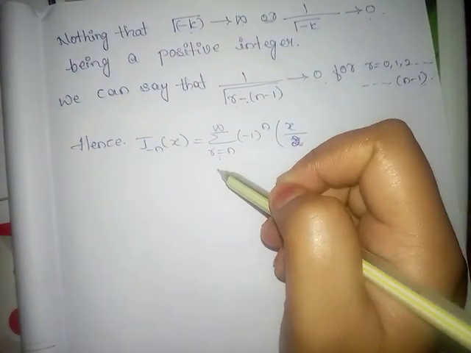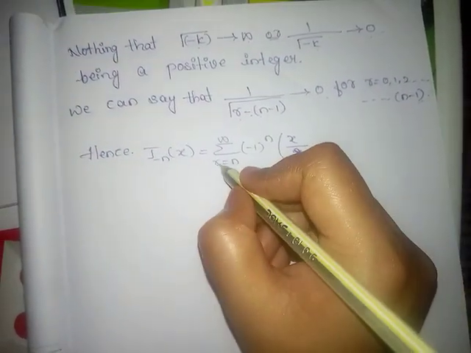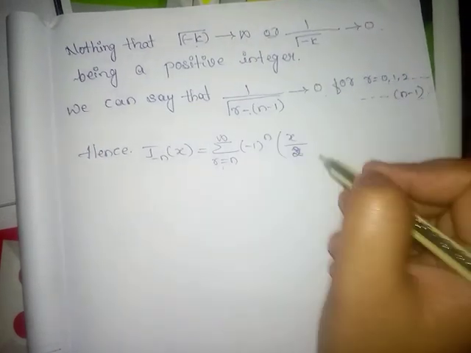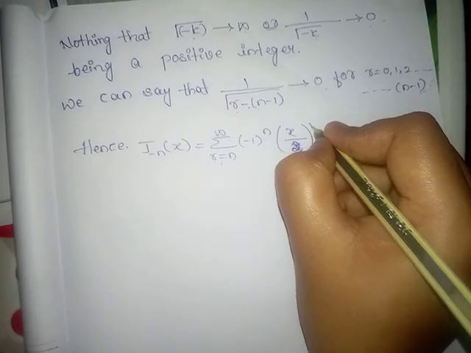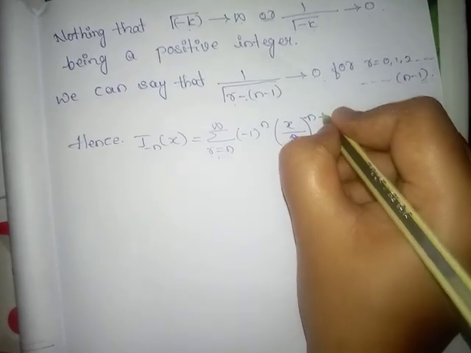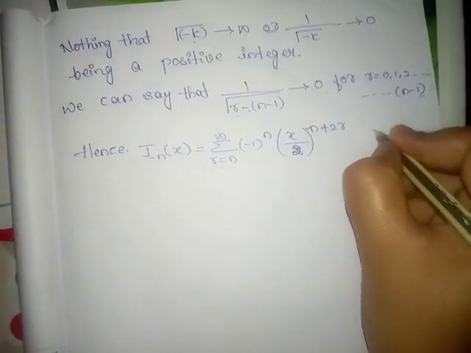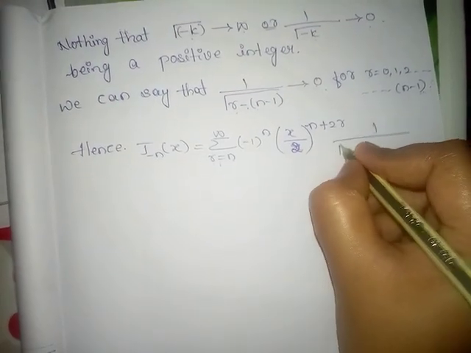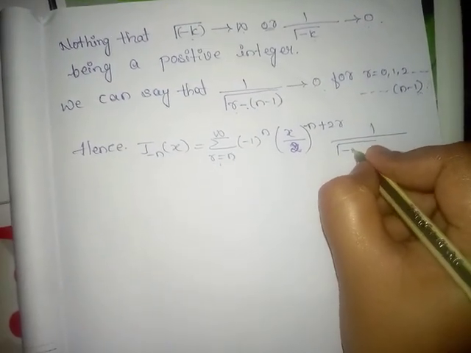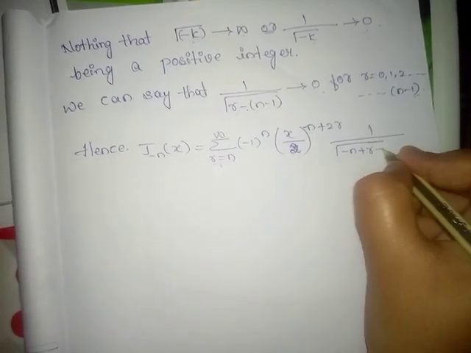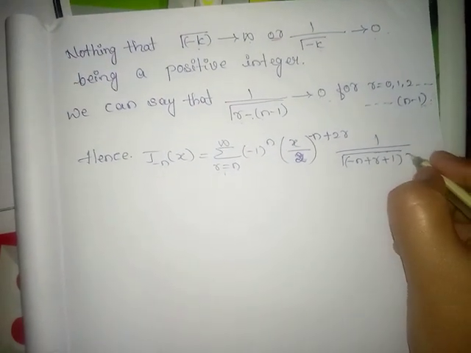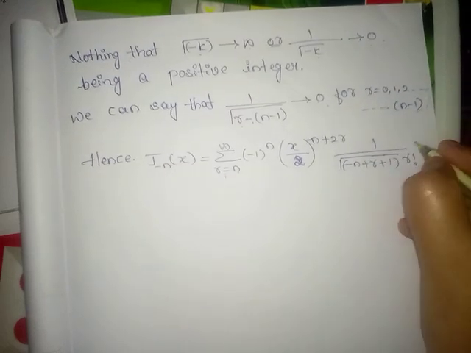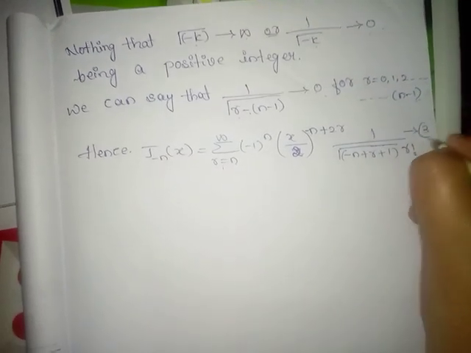So we consider the limiting value from r equal to n to infinity, x by 2 raised to minus n plus 2r into 1 divided by gamma of minus n plus r plus 1 into r factorial. Name this as equation 3.